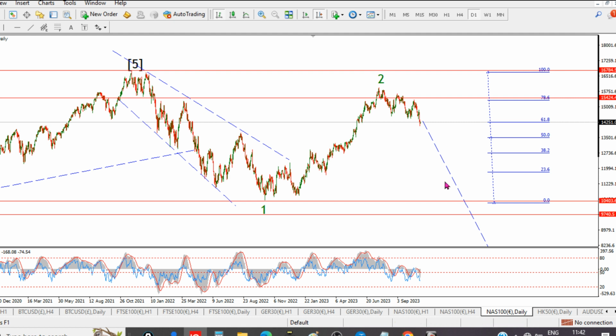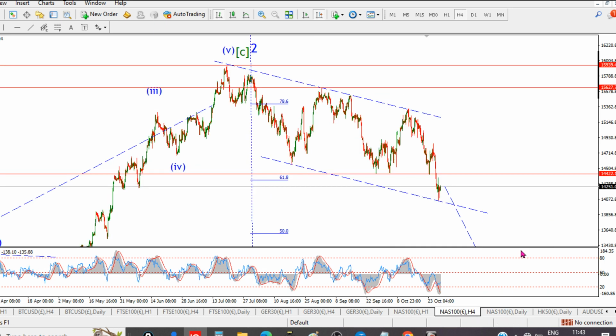And if this is a third wave down and we break down here, we could easily see a break of wave 1 at about 10,400 pretty quickly. That's a long way down, another 3,800 points or something, and that could happen in quick succession if this is a third wave down. So I would watch out for that developing in the NASDAQ.